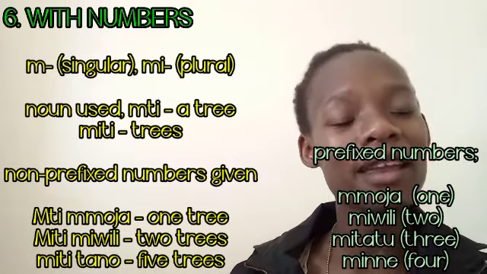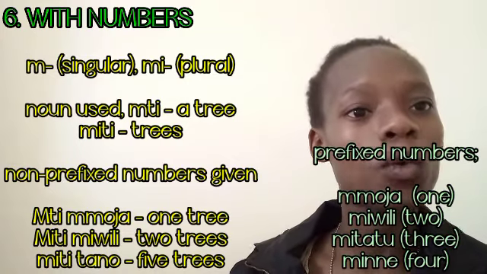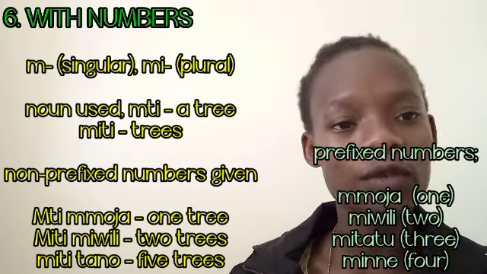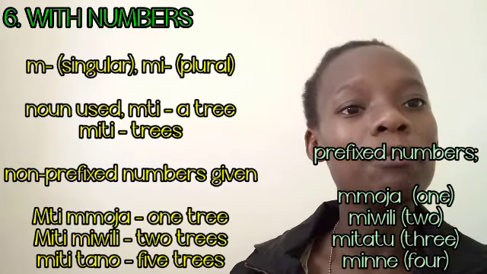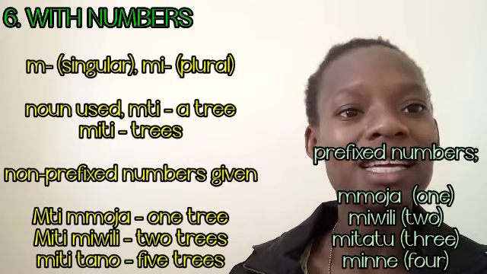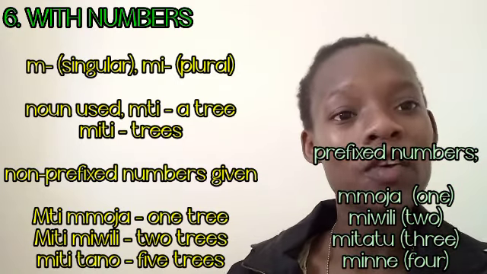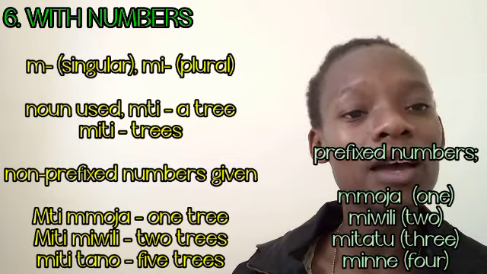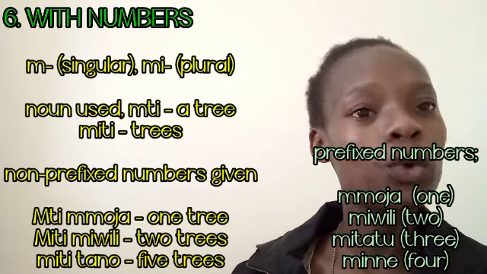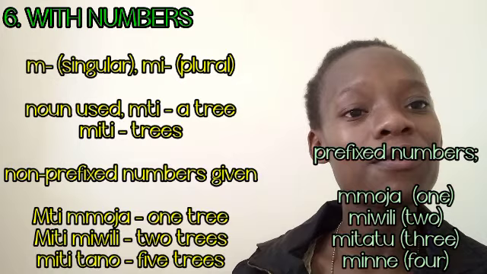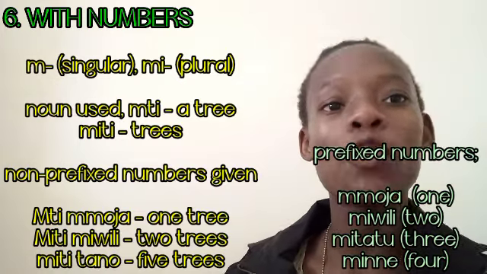Another number is 8, which you can prefix or not: miti minane or miti nane. They are both correct. So remember, the numbers that must be prefixed are only 1, 2, 3, 4, and 5 and 8 can be prefixed or not.